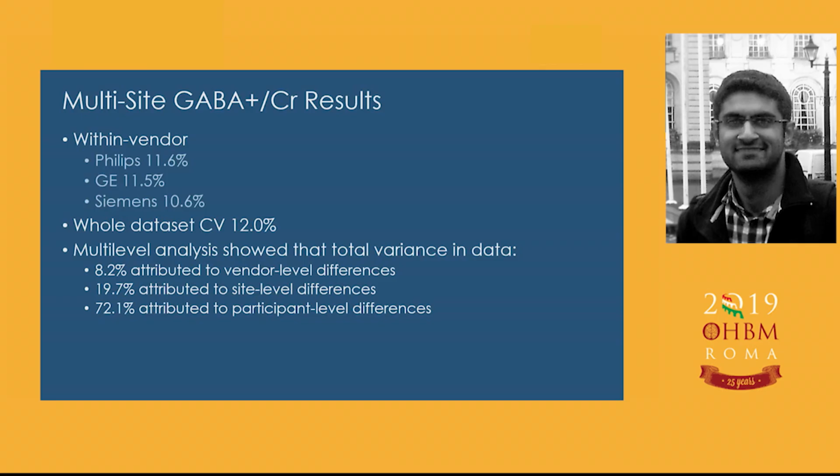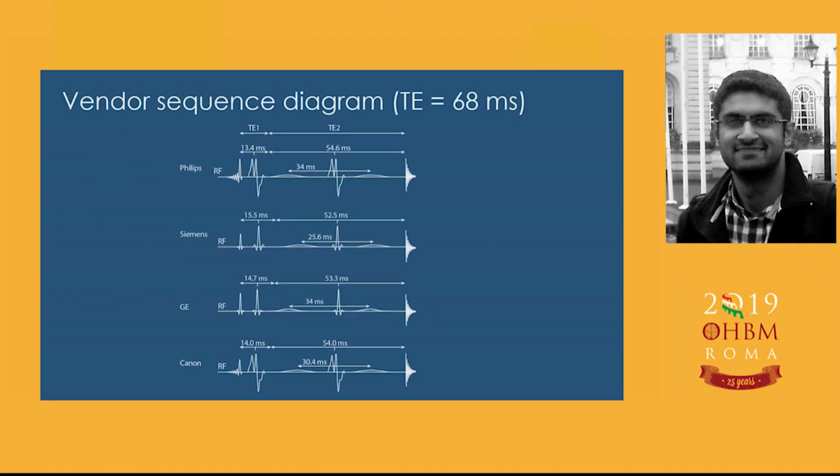So why is that? If you look here, these are the protocols that were implemented for that multi-site data. You can see that there are differences across vendors in how the MEGA-PRESS sequence works, and differences in the RF waveform used for the slice-selective pulses. The excitation pulses are asymmetric for Philips and Canon.